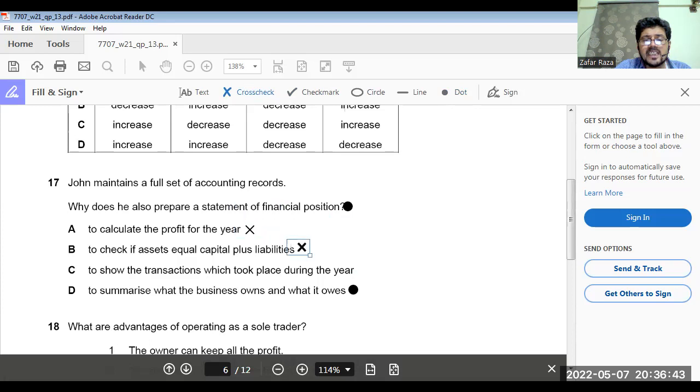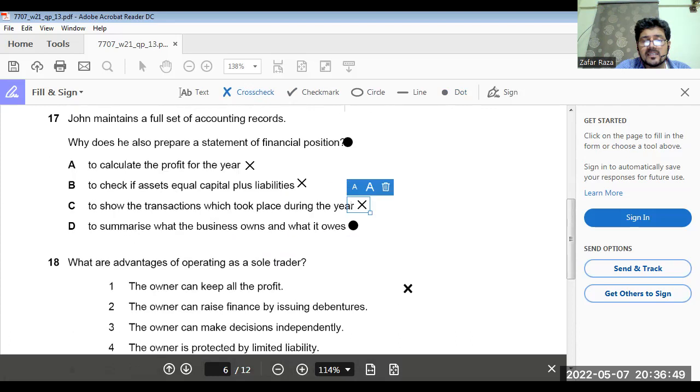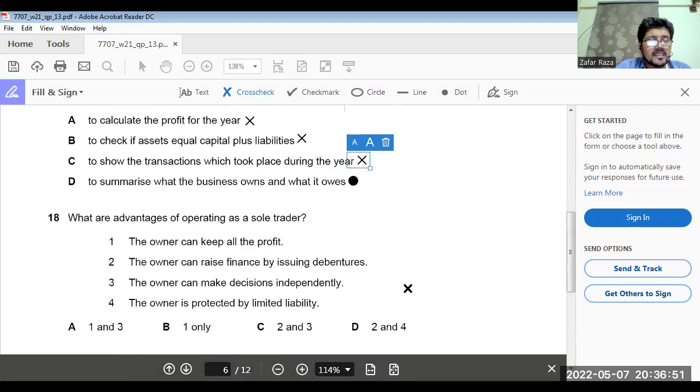This is not a checking. This could not be the answer. Okay. What the business owns and what it owes. Very important definition for the balance sheet. Don't forget that.